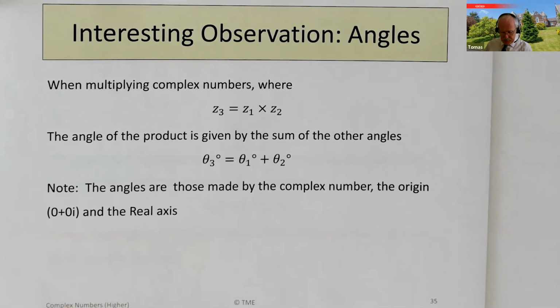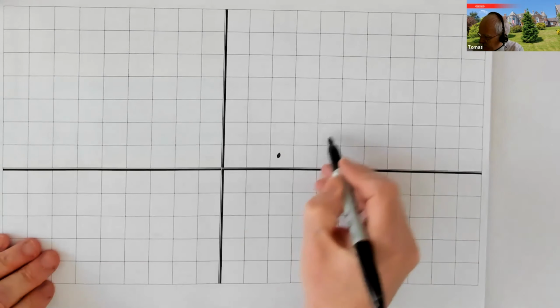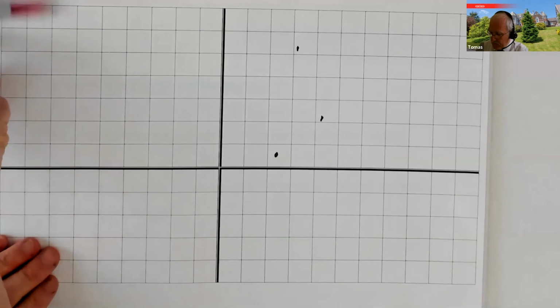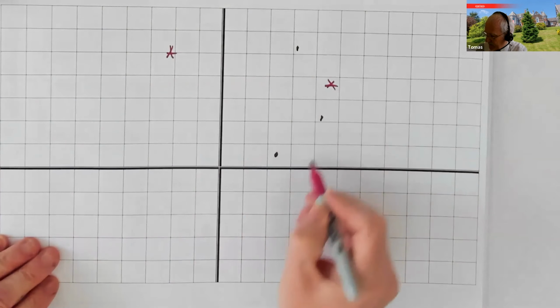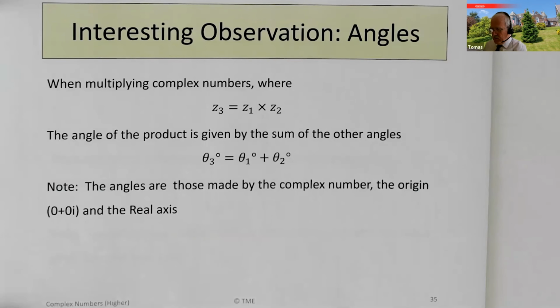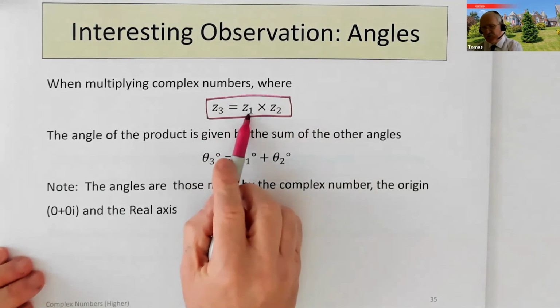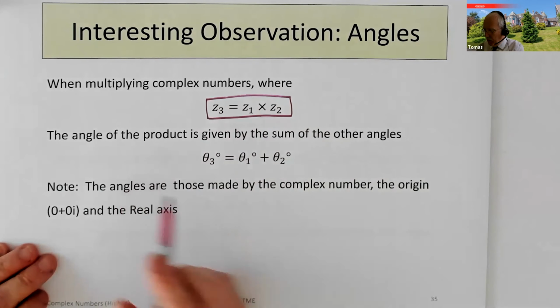Rather than just looking at complex numbers and saying this by this gives you this, or this number divided by this number gives you this number, they started looking at them and saying, is there a pattern when Z3 is Z1 by Z2?